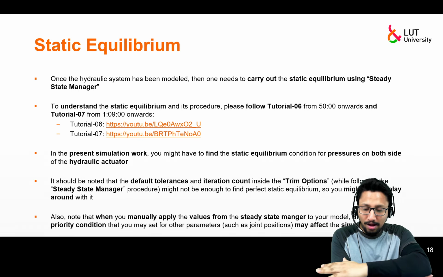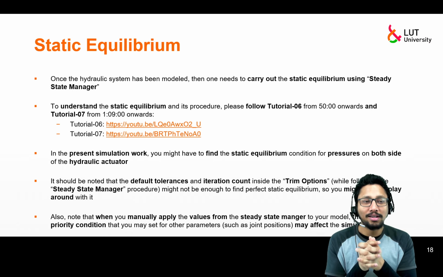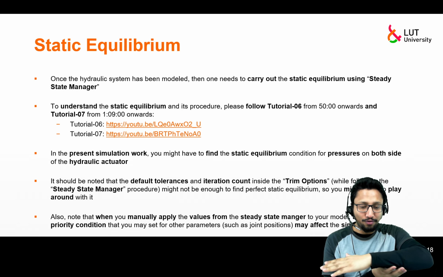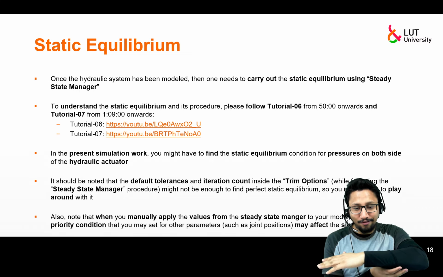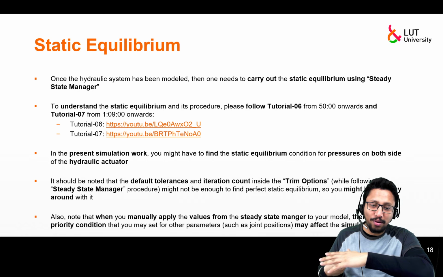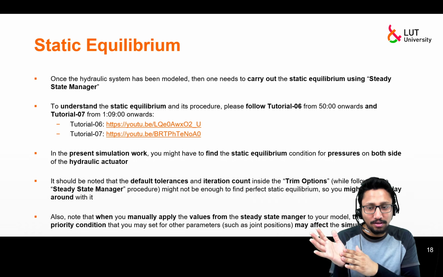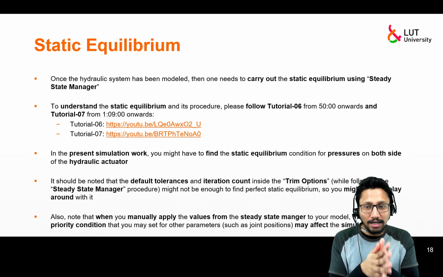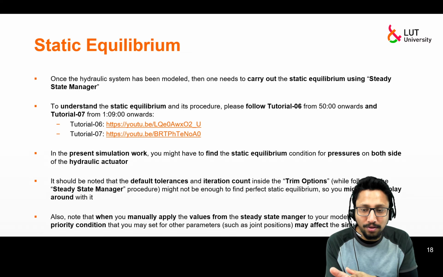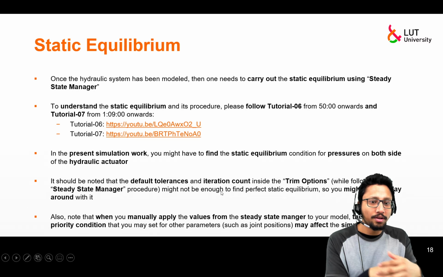You have some high priorities there. The simulation will end up in a mess because the model will try to fulfill those high priorities first, rather than considering the values provided to you. So be very careful with these things. The suggestion is that you follow the steady state manager and do the allocation of those values automatically from there, following tutorial 6 and 7 as already told you.